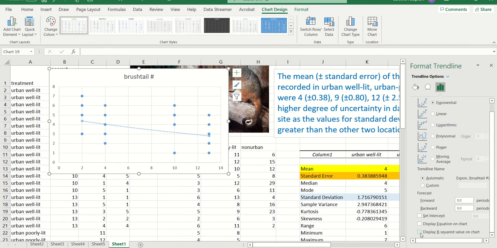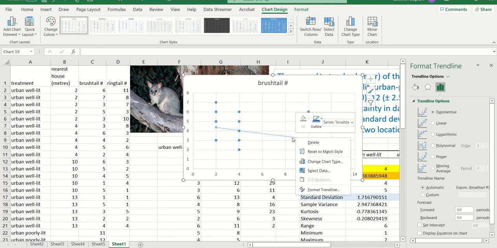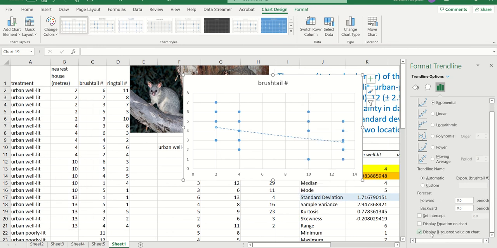Now I'm going to display my R² value. What my R² value is, is how much of this data can be explained, so how much of the number of possums can be explained by their proximity to a house. So what's really the influence of this house? Go back, click on this again, and I'm going to go R².